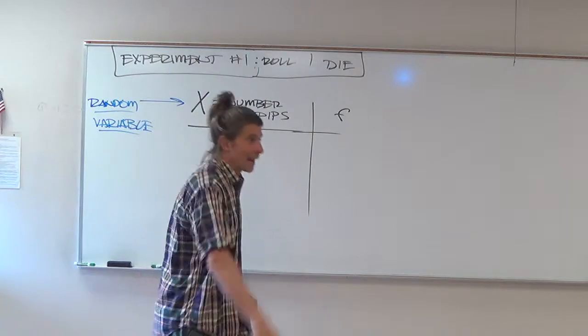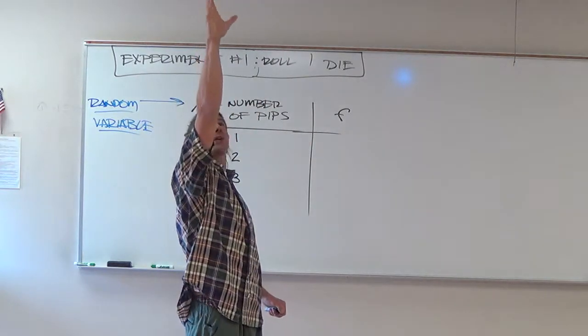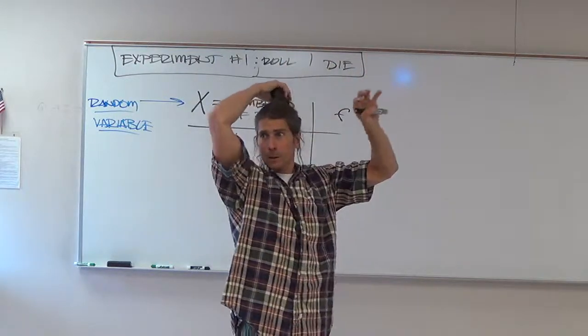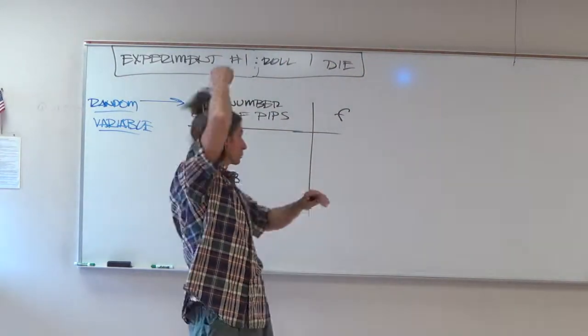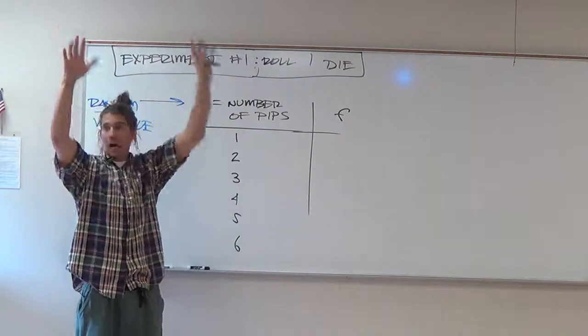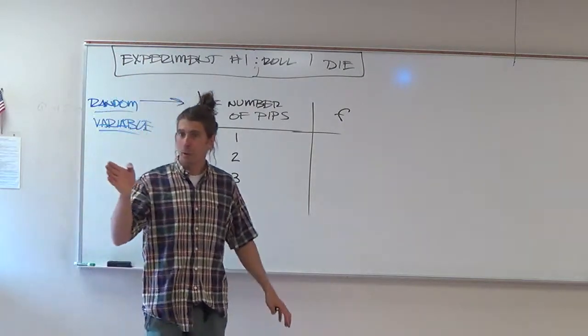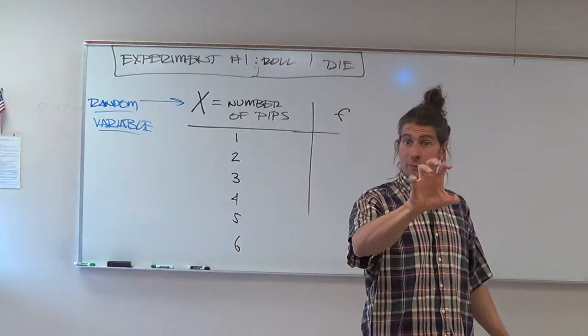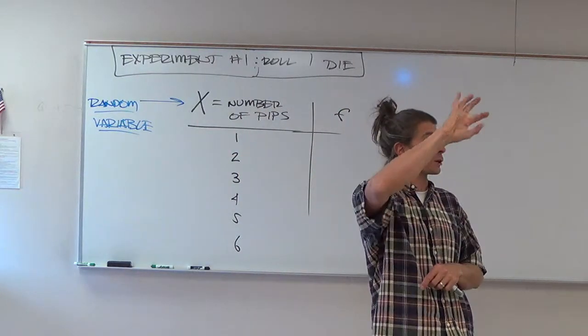Let's raise your hand and indicate with how many fingers, you might need 2 hands for this, how many of that particular number you got. So how many 1s did we get? Nice, hands nice and high. Show me how many 1s you got with fingers. 0?